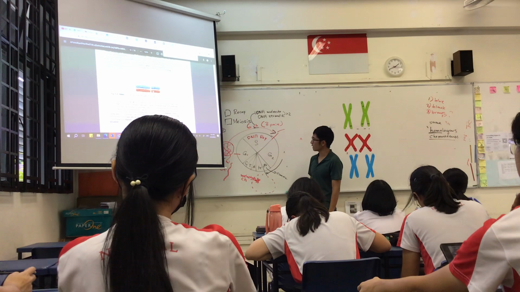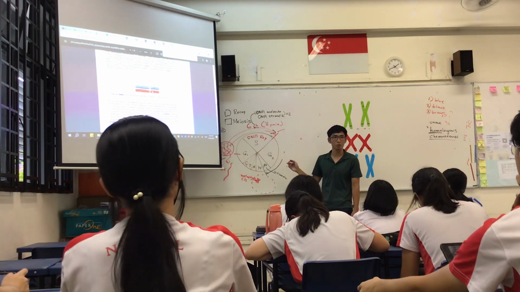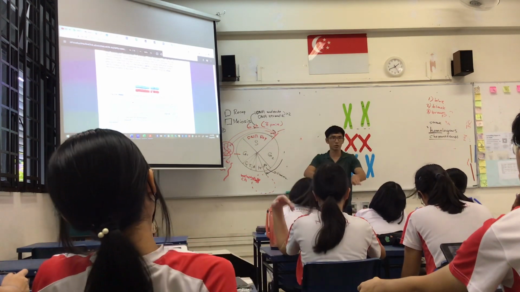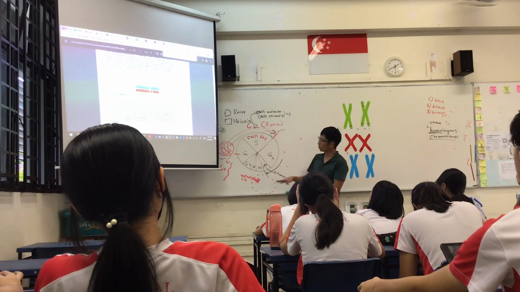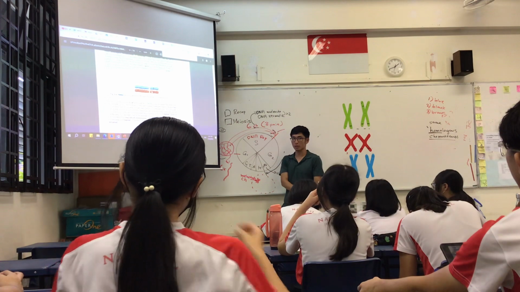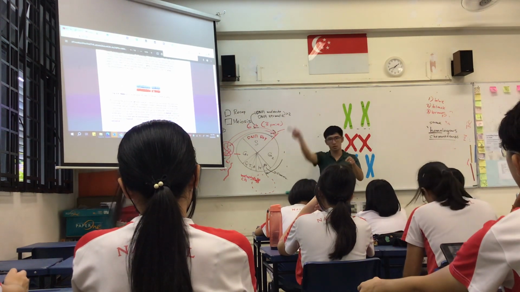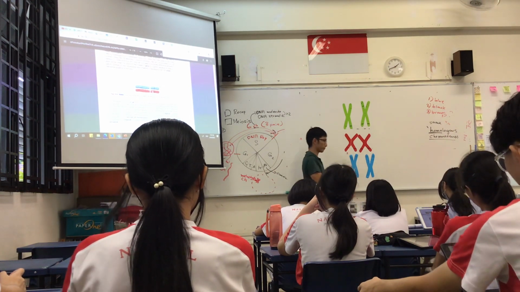You may want to argue that after they replicate, shouldn't I have more chromosomes? Actually, you don't. Because it is two DNA molecules attached to one, it's still the same number. Although I have 46 double-stranded DNA molecules after DNA replication, they are joined together, so they are still considered one chromosome. So you still have 46 chromosomes.